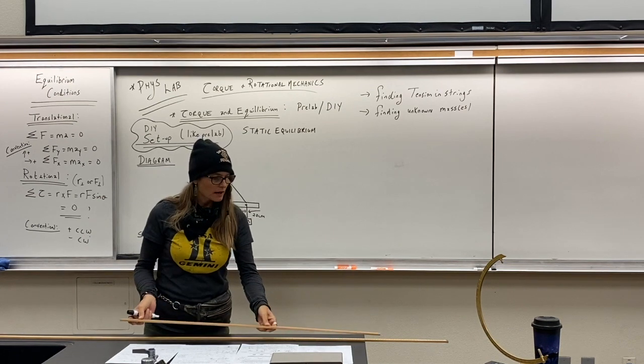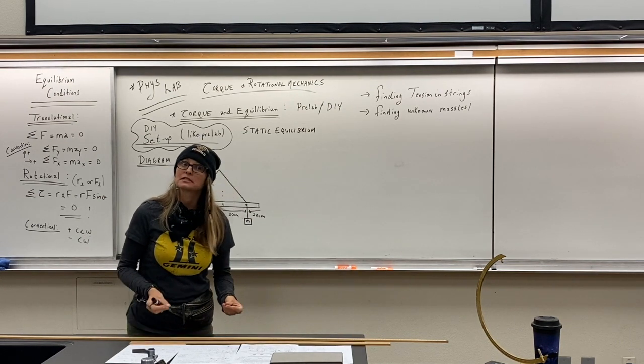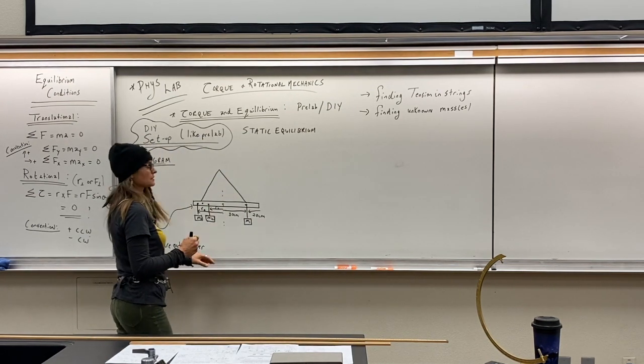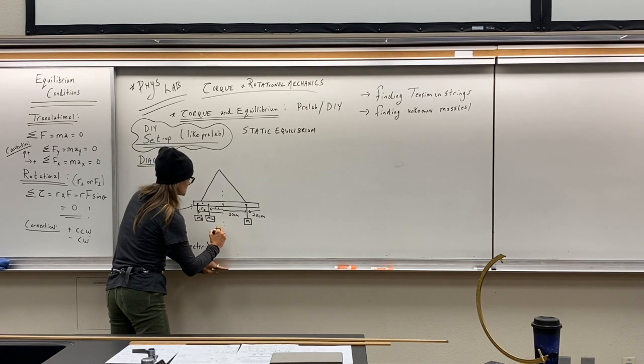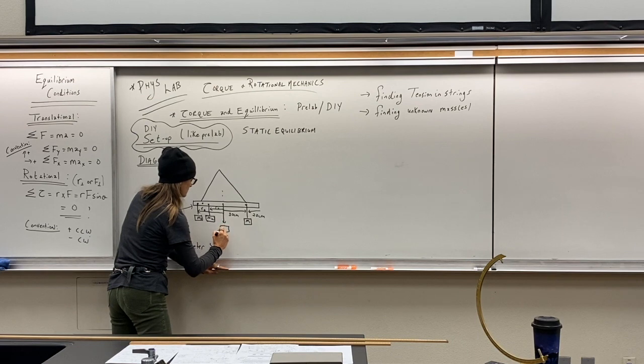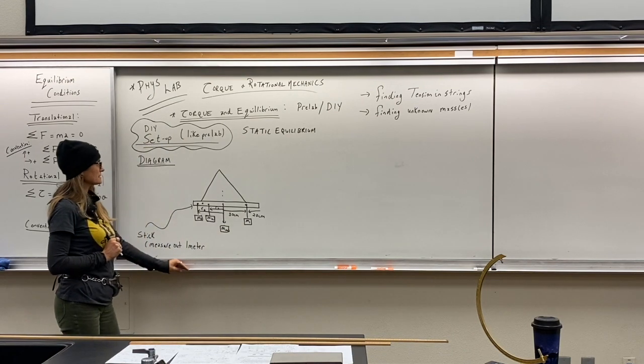Okay, so we're going to assume that the center of the meter stick is where the center of mass and the center of gravity is. So we'll say this is the mass of the meter stick in the center. Okay, MS.